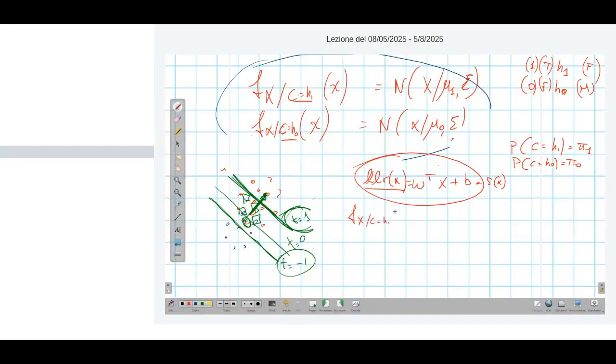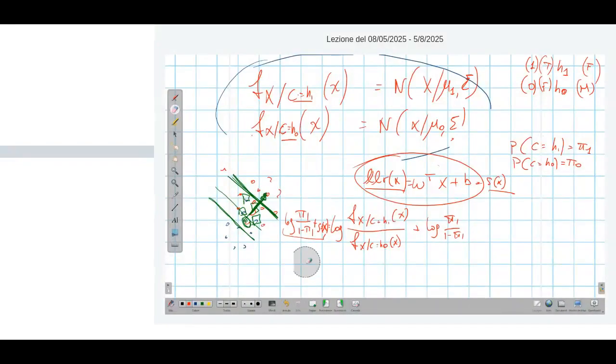So this is the value that s is representing, which means that if now I add on both sides the prior log odds, I get that this term here is equal to the logarithm of class posterior probabilities. Why? Because when I multiply by the two priors, I get the joint. Then I will need to divide by the marginal, both in the numerator and the denominator, but the marginal is the same. So here this is equal to the logarithm of the joint.